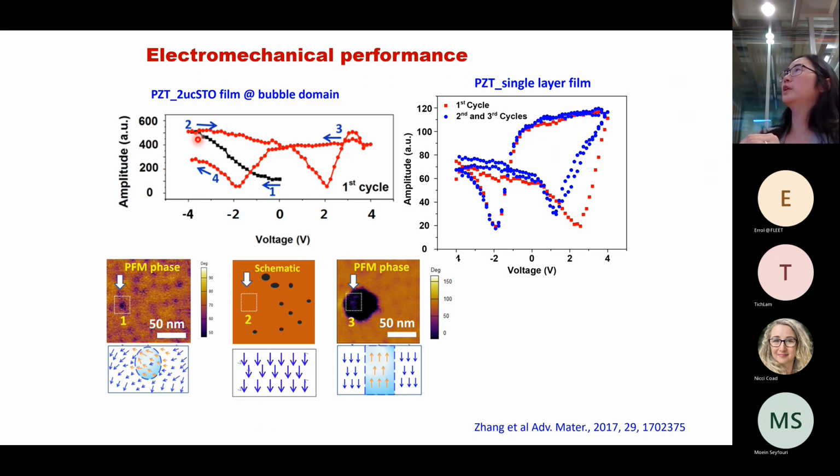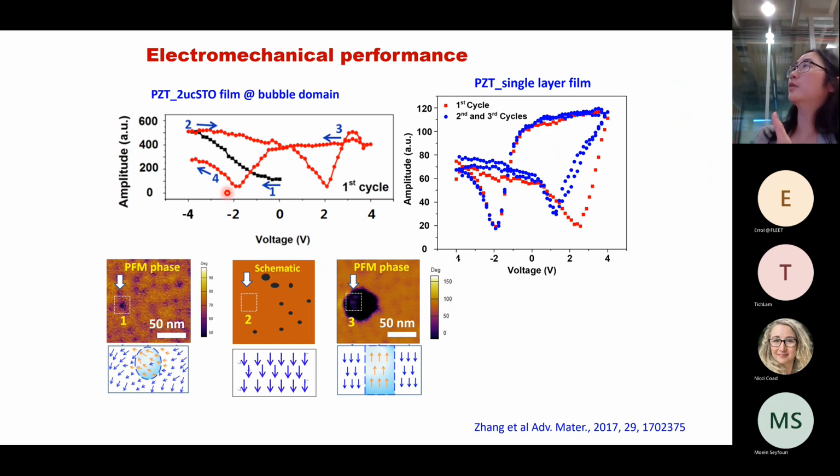And this gives a really high amplitude response, the piezo response, or electromechanical response. And then in the next cycle, at this point, it has already changed into this conventional domain.